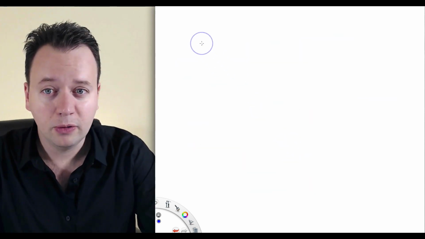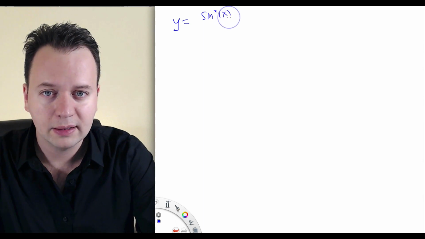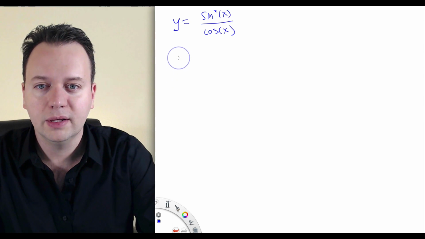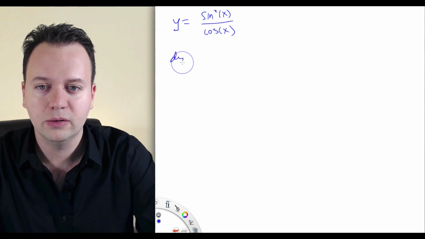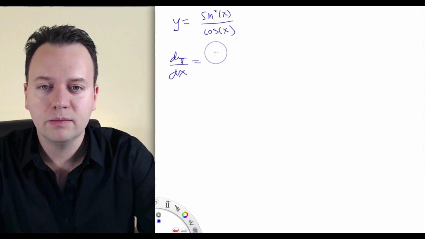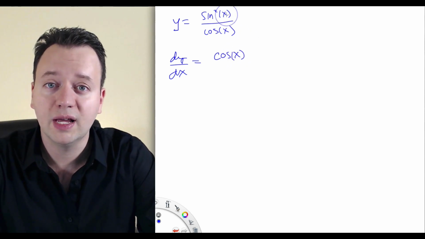Our next example is another quotient rule. So we have sine squared x divided by cosine of x. Of course there's numerous ways to do this, but let's see how we can do this just using the straight up quotient rule. So bottom times the derivative of the top. So cosine of x times the derivative of sine squared x.